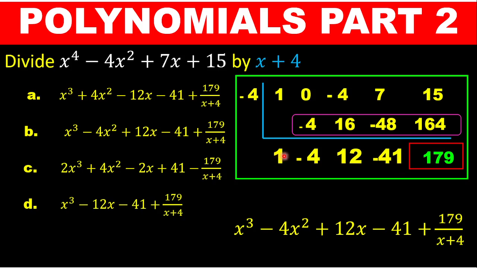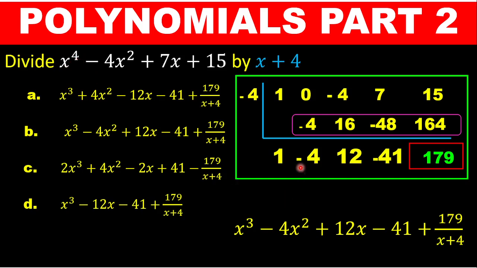And then we said that when you are adding variables to the answers you have gotten, it must always be one less than the highest degree in the question. So the highest degree in the question is x to the power 4. That means when we are given this degree, it must be minus 1. So 4 minus 1, we are going to get 3.